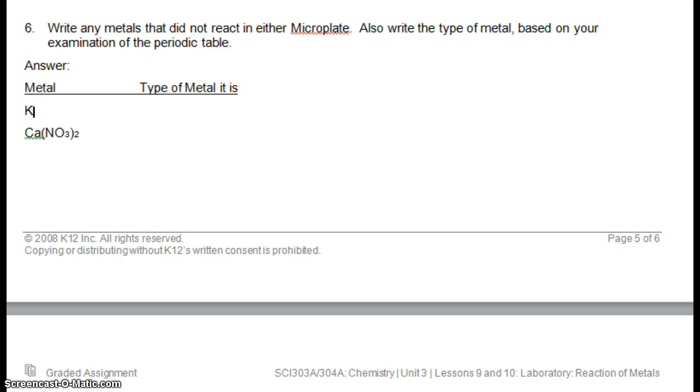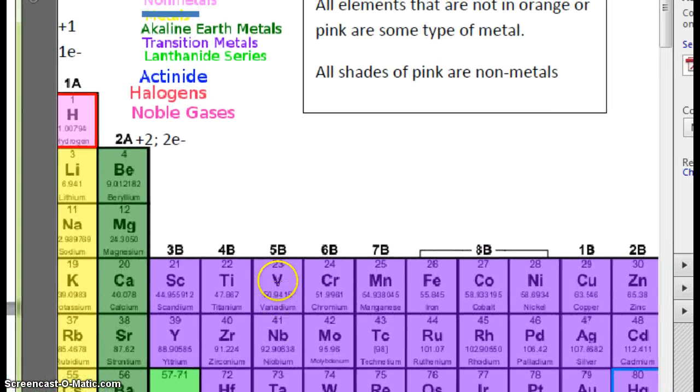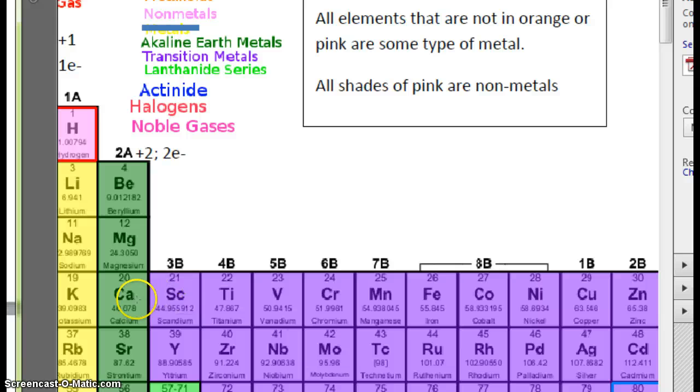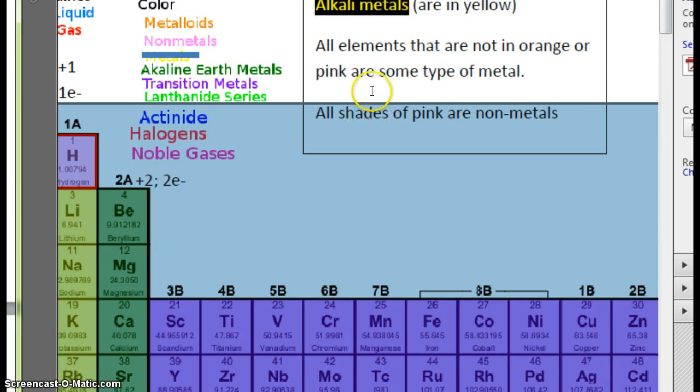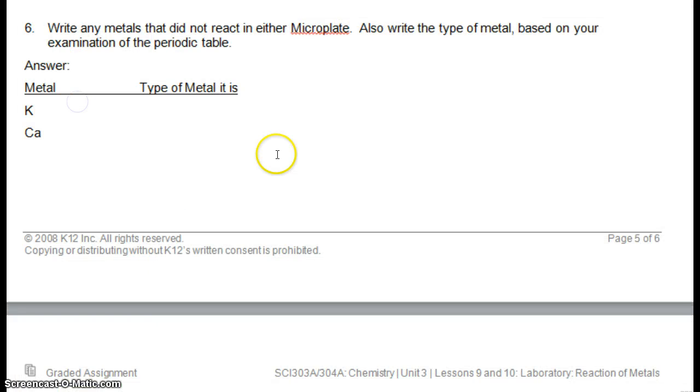Nope. So potassium is our metal. And let's look and see what type of metal potassium is. So potassium is way over here in the yellow. I know it's hard to see, but there it is. Alkali metals. Alkali metals are in yellow. All right, so potassium is an alkali metal.